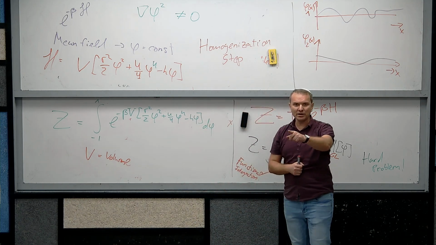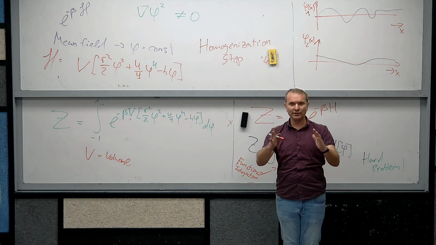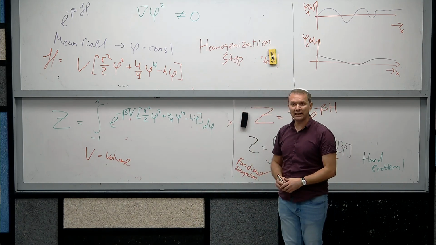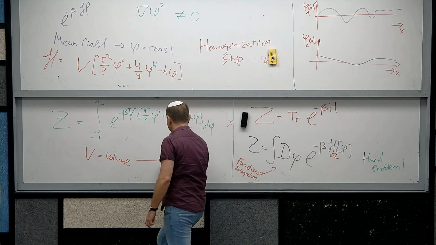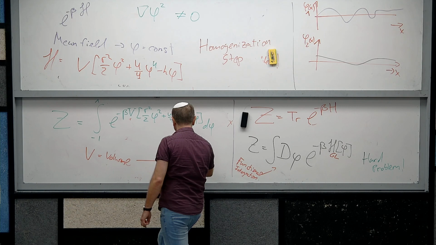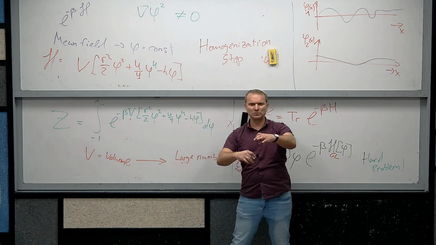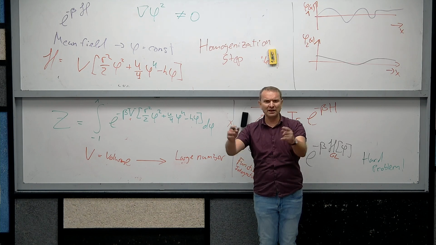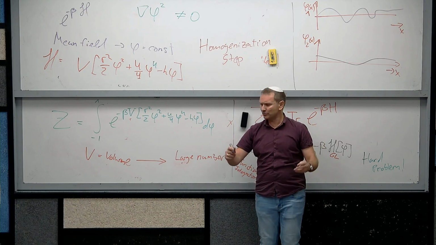And I'm assuming that my system is not small, it's large enough. So basically, volume is a large number. I'm not dealing with some small-volume mesoscopic physics. I'm dealing with macroscopic behavior.